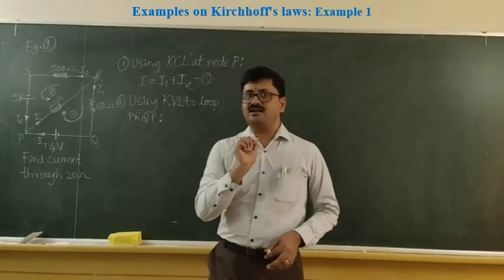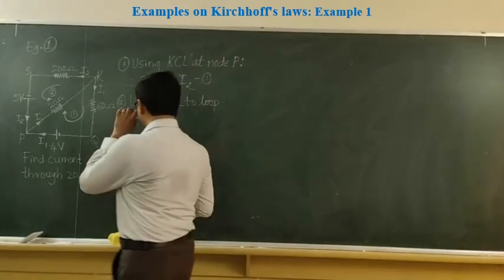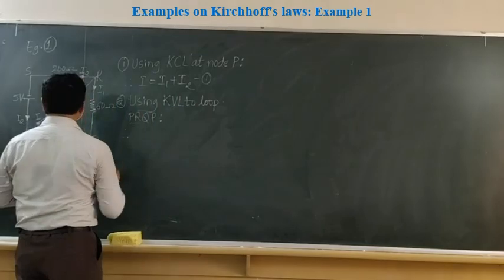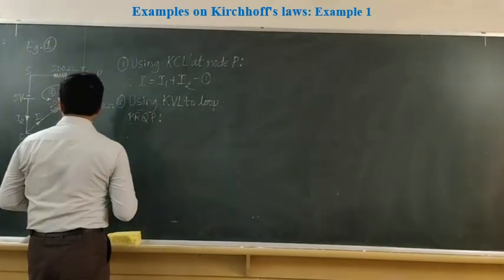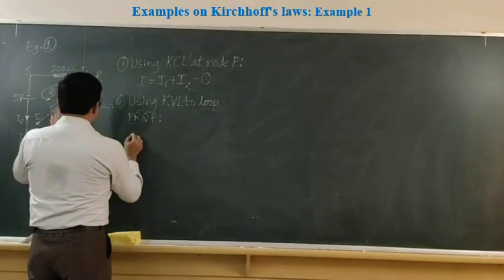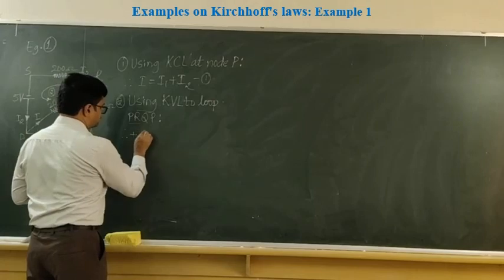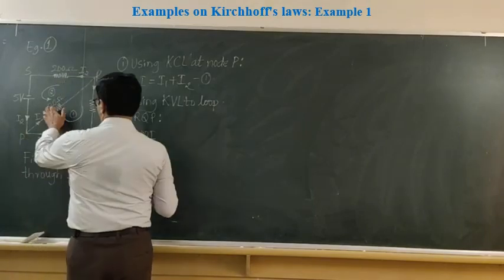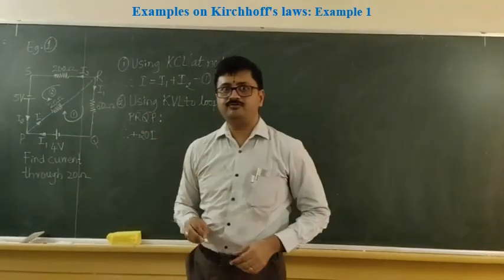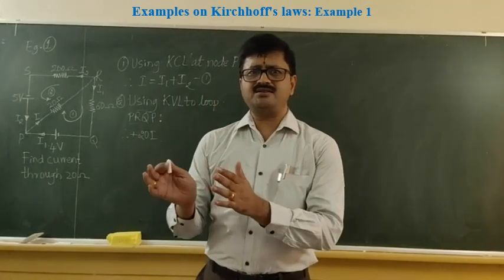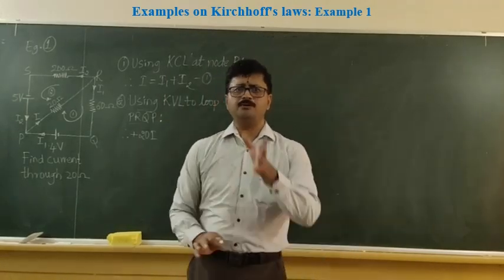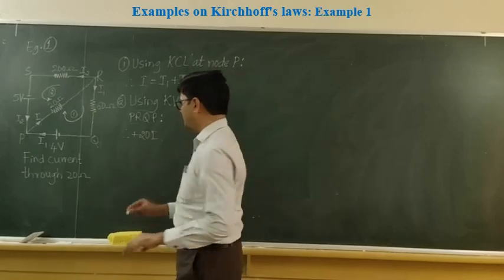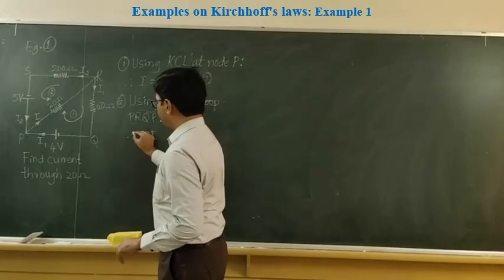This is as per the sign convention that we have learned. Okay. So therefore, I will write this as plus 20I, 20 into I. That is the potential difference, no? Current into resistance, or resistance into current, is what? Potential difference, voltage, right? So 20 into I and plus.